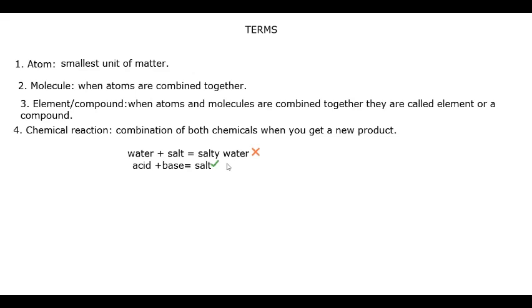Yes. Why is it a chemical reaction? It's because you're mixing two products and you're getting a new product, which is salt. But on the first one, water plus salt, you didn't get any new product. You just got the same product, but just in a mixed form. So with acid, you could take anything plus a base, and if you combine them together, it'll become salt. So that is a chemical reaction.